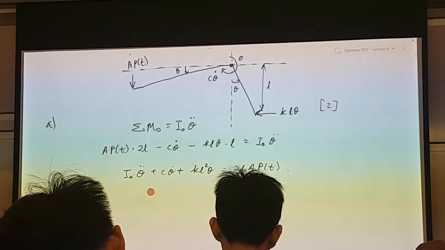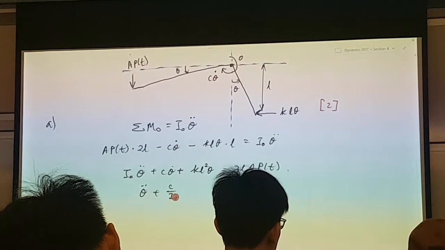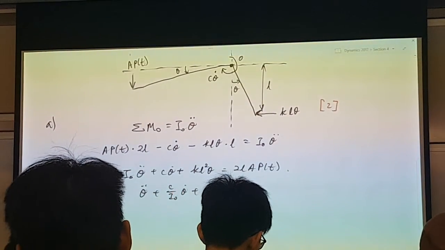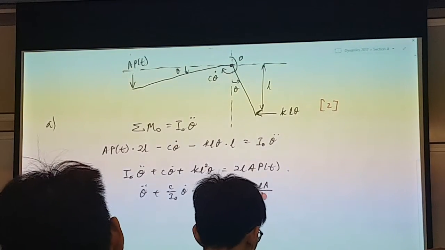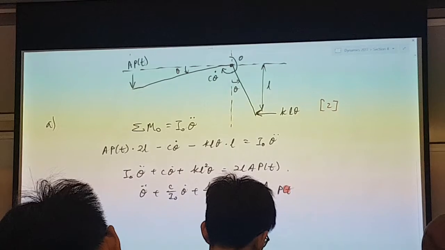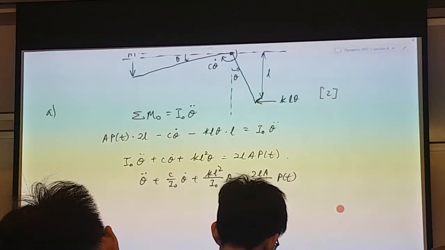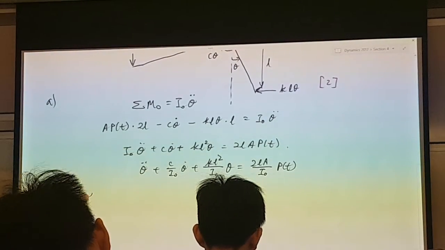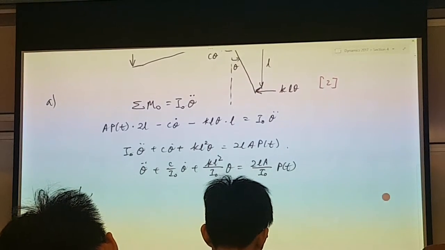Maybe before that, I'll just divide throughout by I naught. Divide throughout by I naught, and then I'll take the Laplace transformation. You can use other techniques as well on this method.